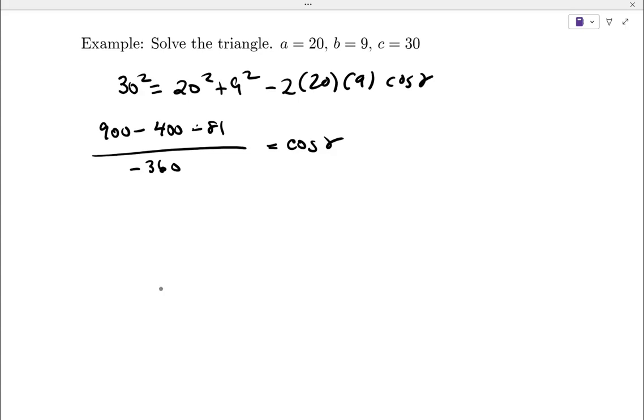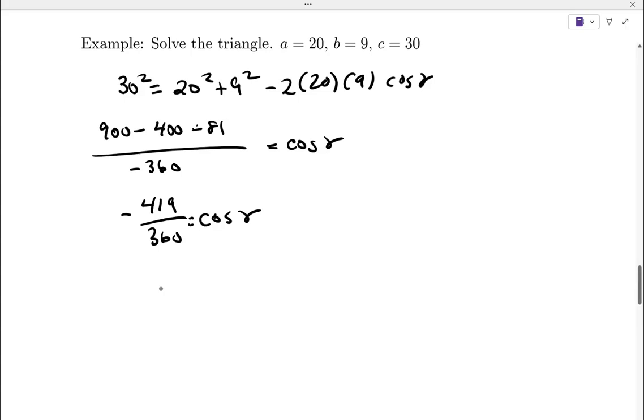By the way, I don't need to do all this work, and I'll go back in a second to why I don't have to do all of this. 900 minus 400 gives you 500, minus the 81 will give you what? Negative 419. So I get negative 419 over 360 equals cosine of gamma.